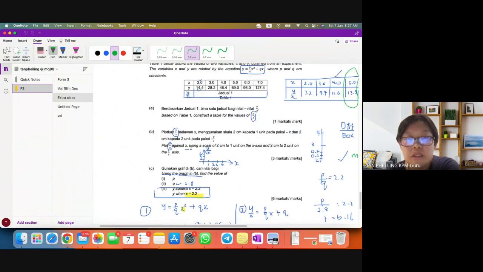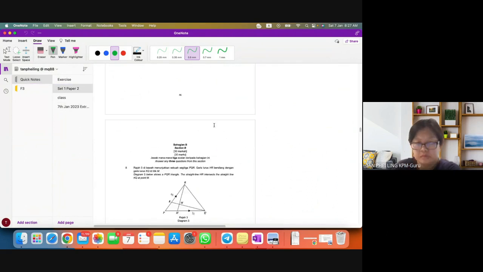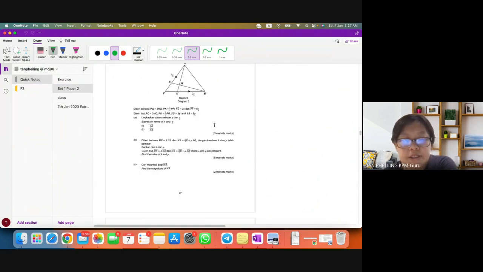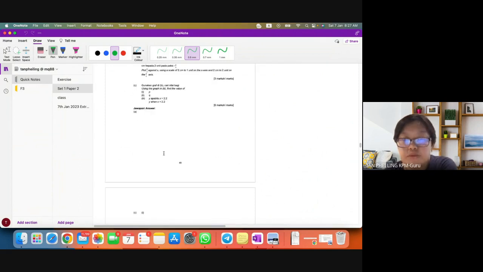So linear law, have you all tried to plot the graph? Rachel, did you try to plot the graph? Number 9. So Rachel, do you need any more help with number 9, or shall we proceed to just number 10?